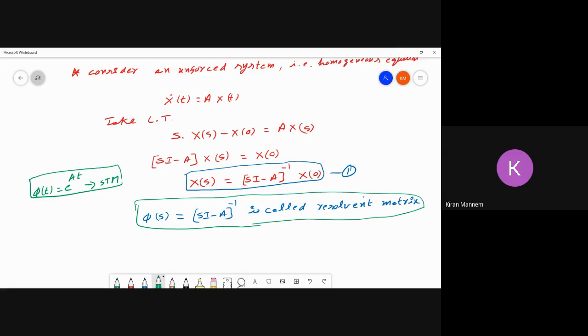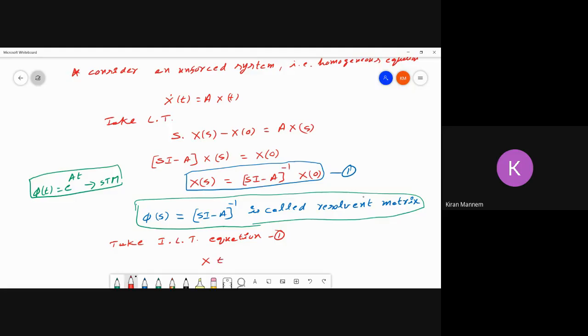Now, take the inverse Laplace transformation of equation number 1.